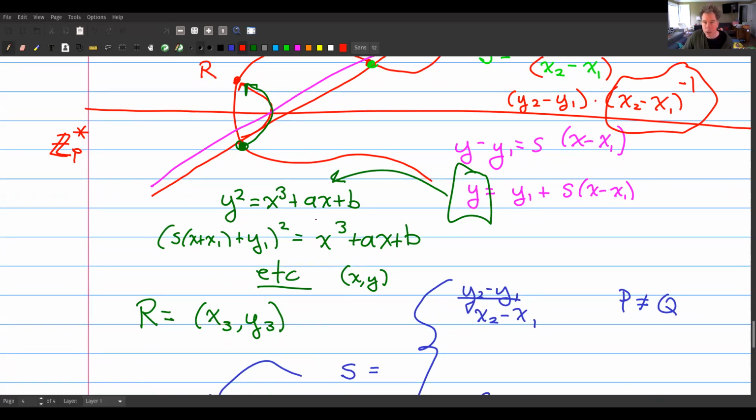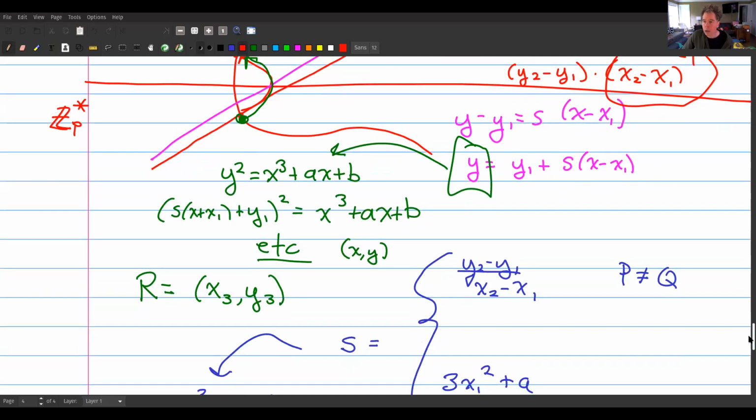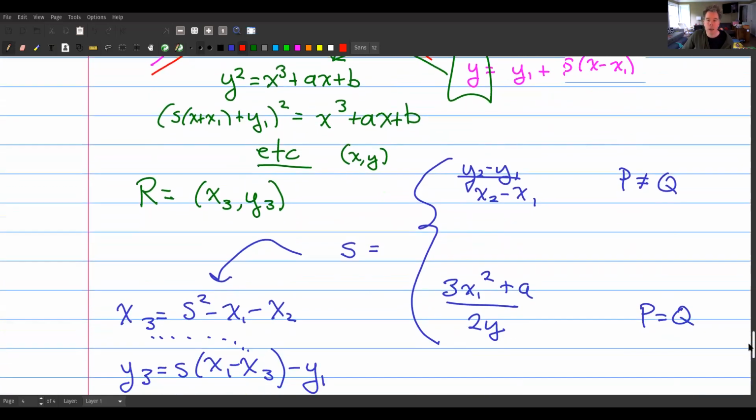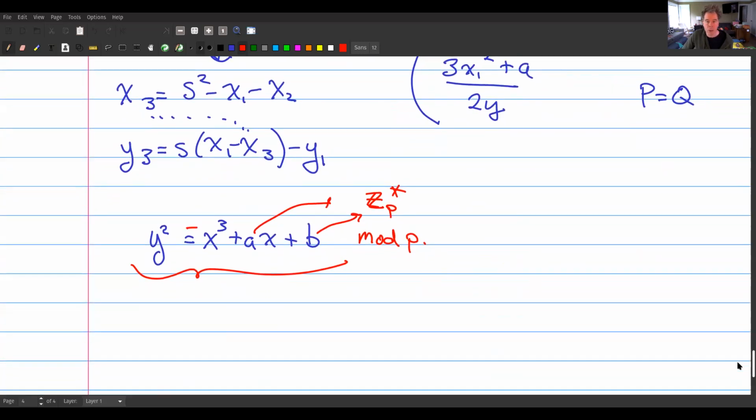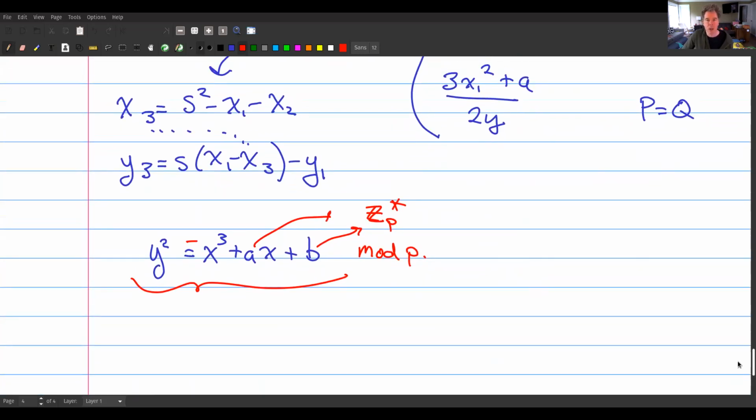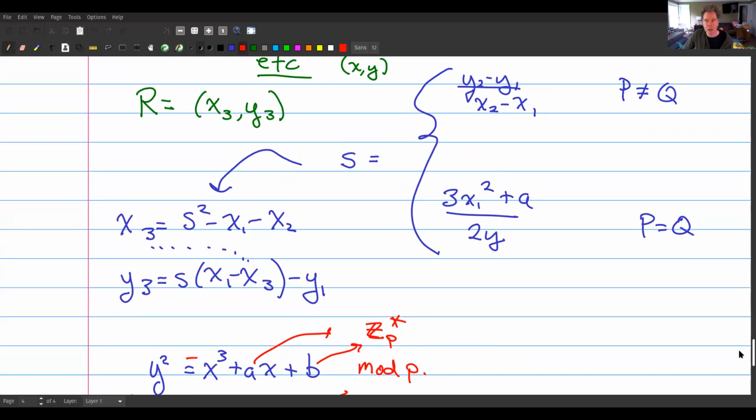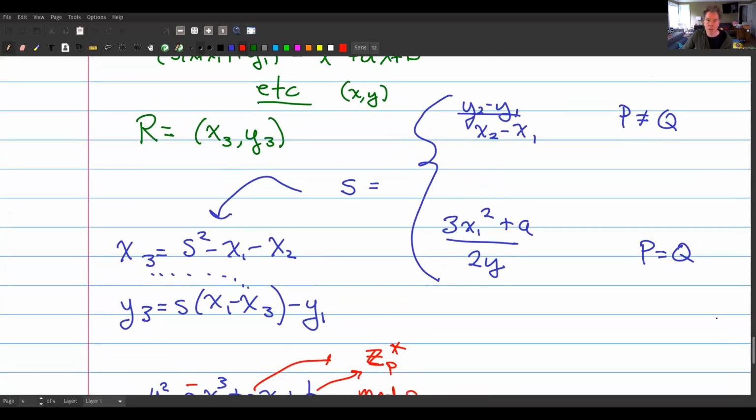So all of these algebraic steps that we took to derive this formula also apply in the discrete setting, and we're going to use the same formulas, even though in the discrete setting there's no geometry and no picture, and it still becomes a group. This is like some deep kind of mystery that you can take equations for these geometric things and then look at these same equations in discrete settings, and similar facts are true. A lot of really modern and ongoing math is centered around that fact.